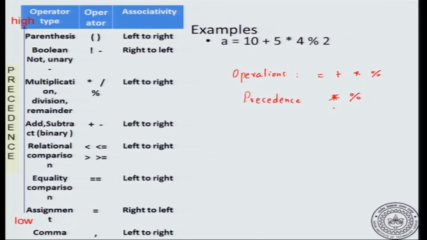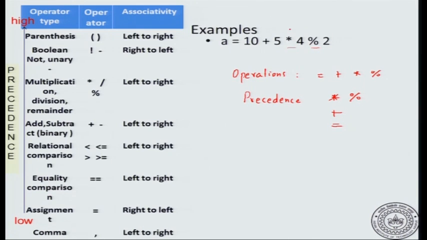Then the next level is plus, and then assignment has the least precedence. Now both star and modulo occur in this expression. How do we decide which goes first? Both of them have left to right associativity. So whatever happens first looking from left to right, we will do that first.